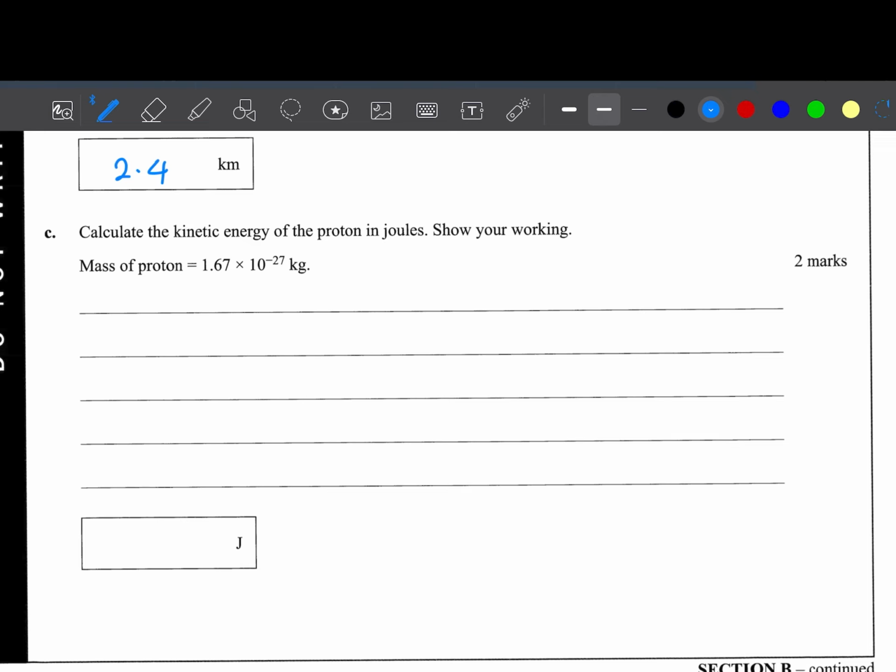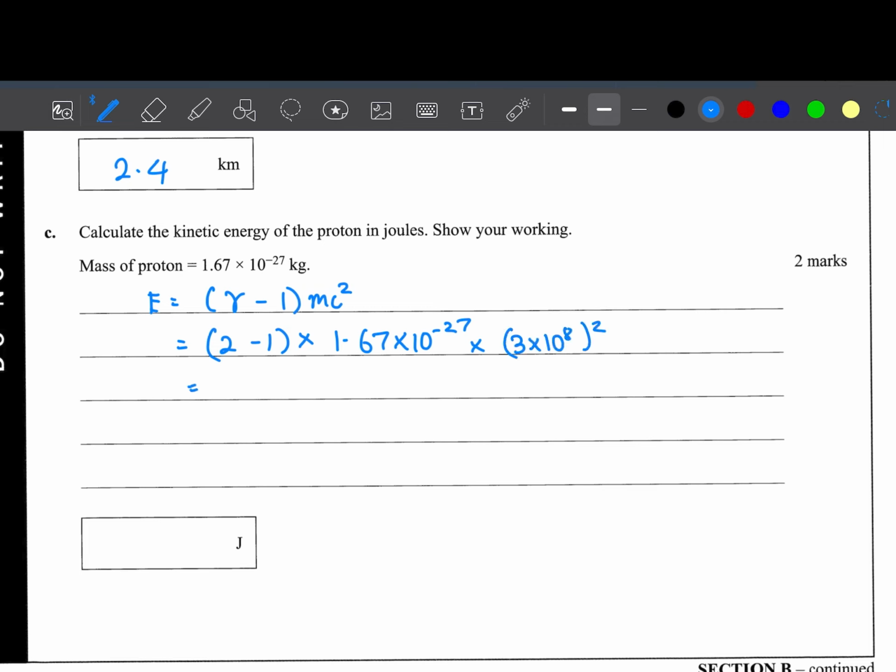So calculate the kinetic energy of proton in joules. Show your working. Okay, so oh yeah, there's a formula for that too. E equals to Lorentz factor minus 1 times mc squared, which is going to be 2 minus 1 times m of protons, so 1.67 times 10 to the negative 27 times 3 times 10 to the power of 8 whole squared.